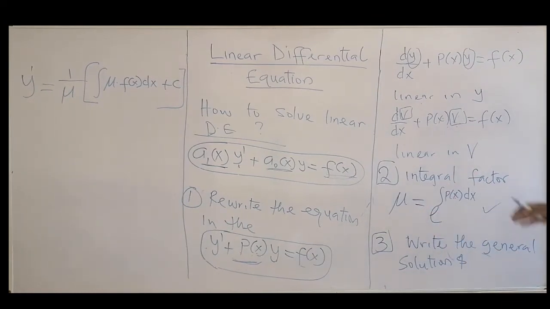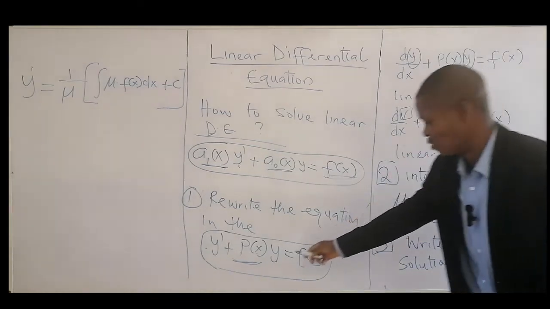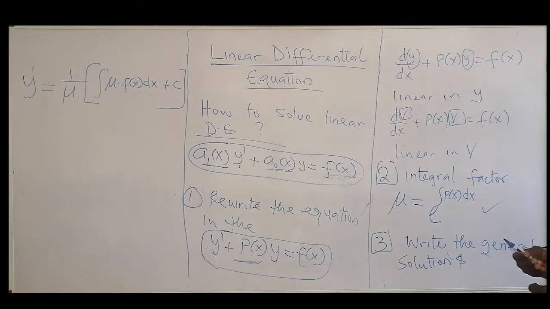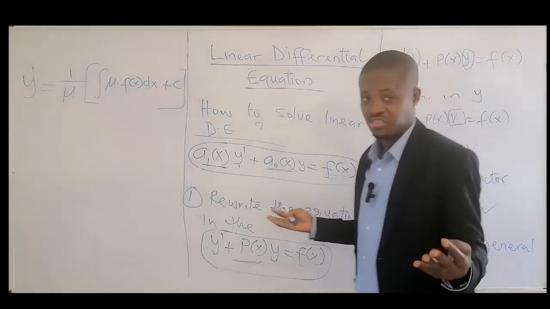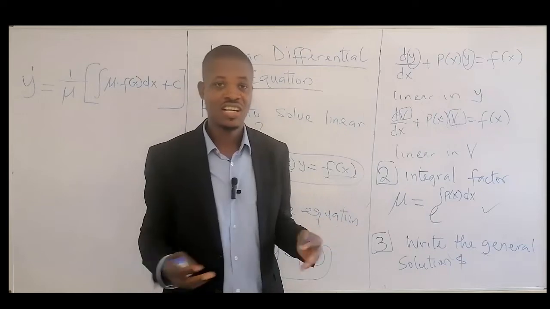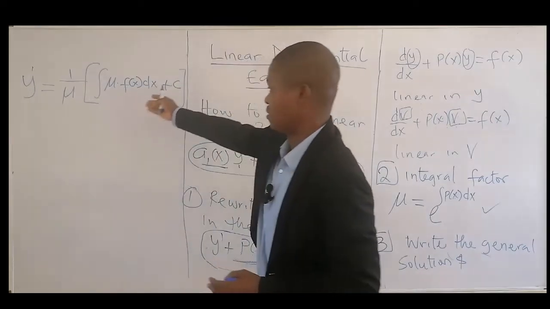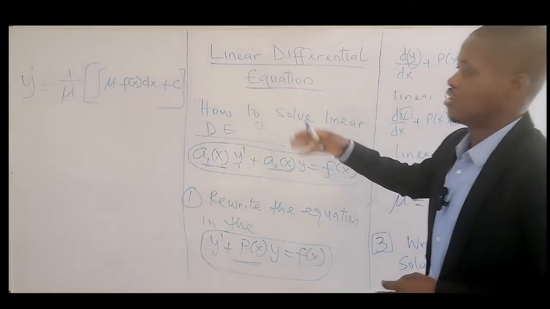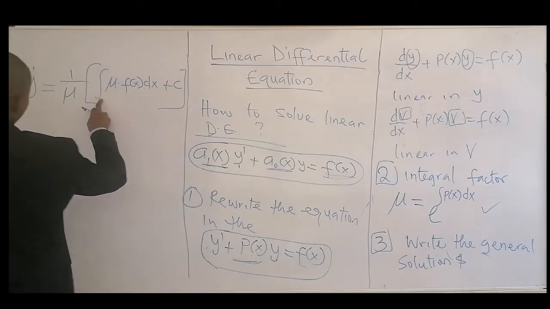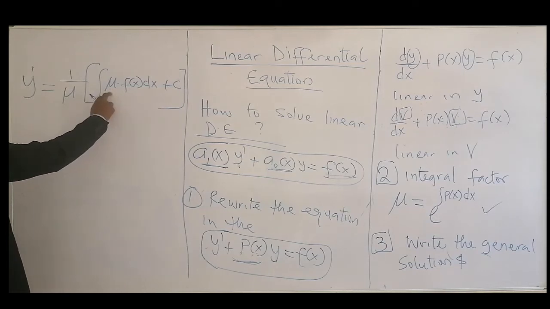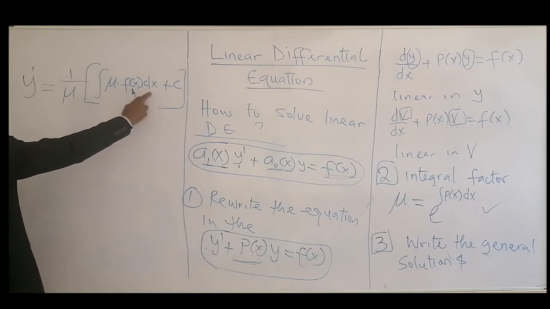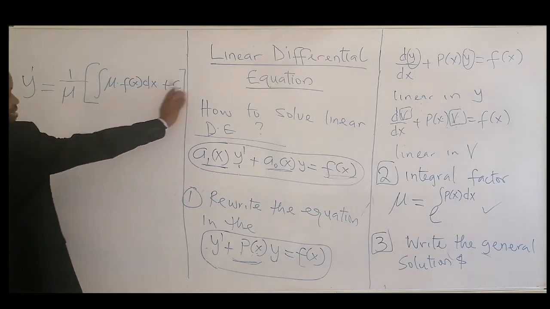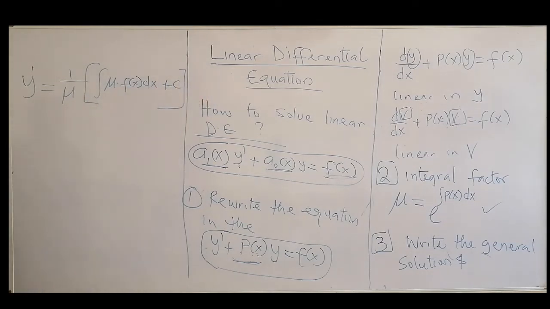Before that also, this is linear in y, as I've explained. Then the last step is to write the general solution of the linear differential equation, which is of the form: 1 over integrating factor, open your brackets, integration of your integral factor times your f of x dx, then plus c. This c is separate on its own.